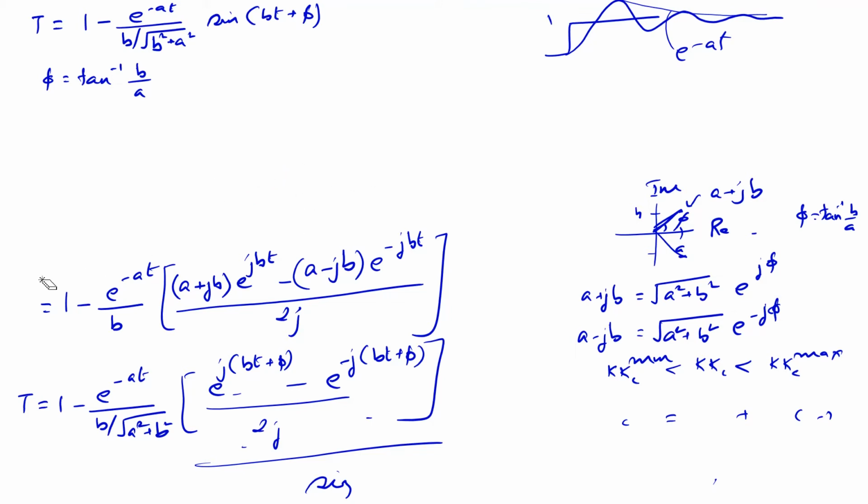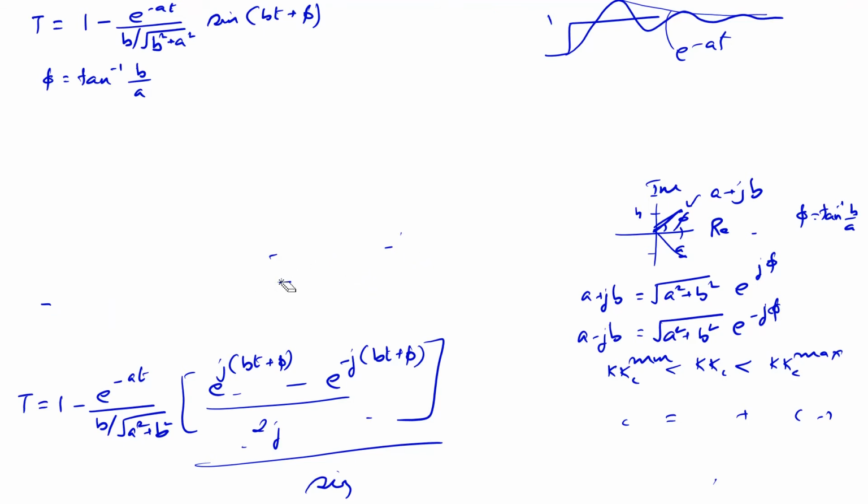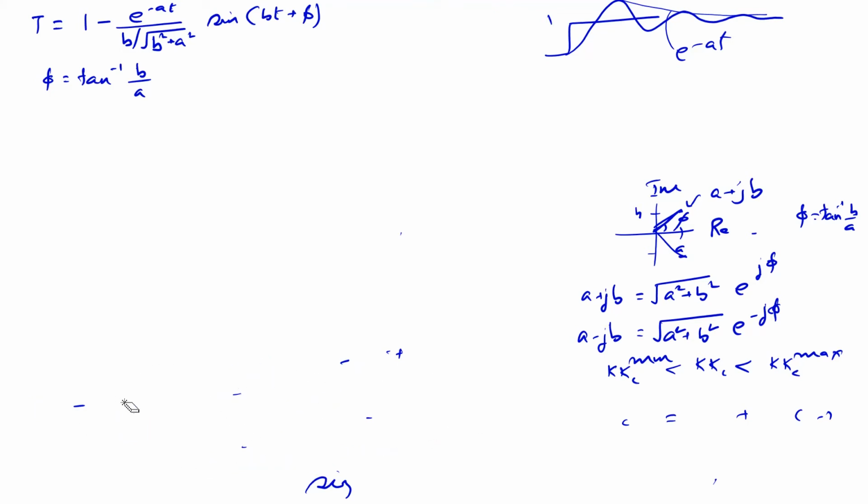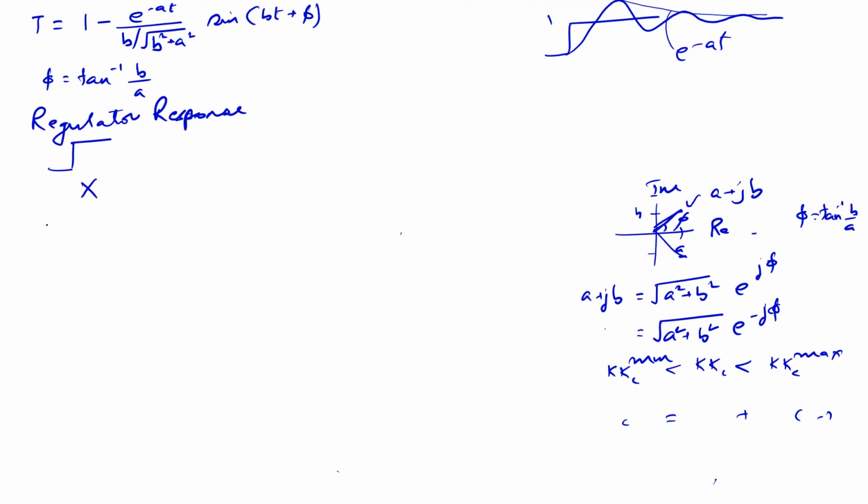Now the regulator response is obtained when the change in temperature set point is 0 but T naught changes, and the forcing function for the regulator response is not a step but tau by r k k c times d by dt of T naught.